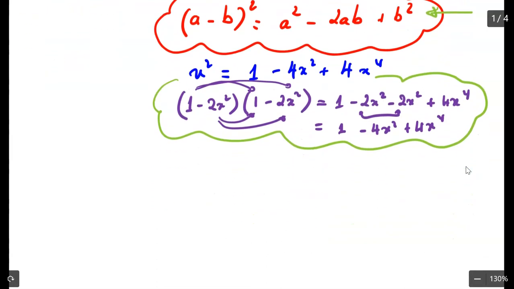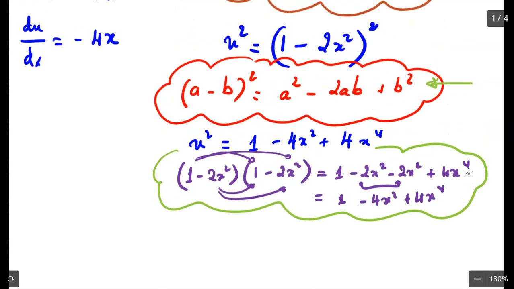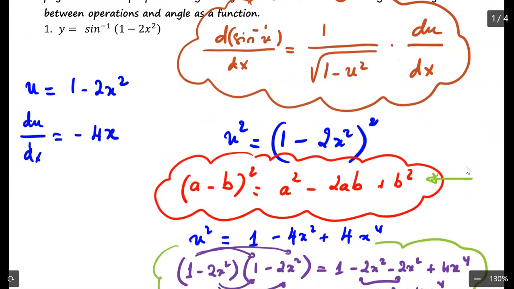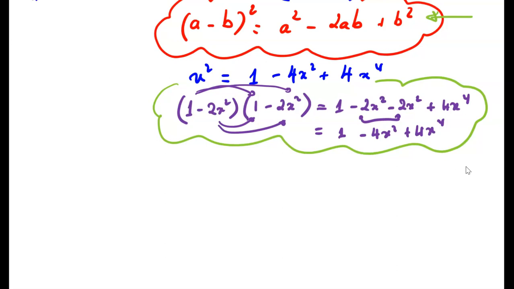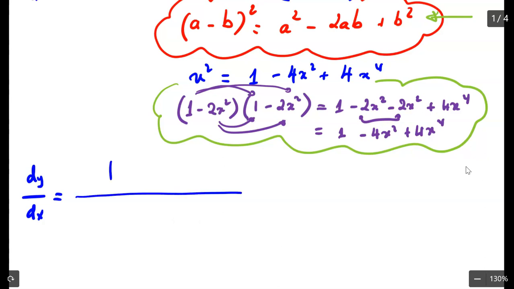Alright, so let's fit all of what we found into this equation. I will write dy over dx now that I'm differentiating. So I will have 1 divided by the square root of 1 minus this entire expression, right?